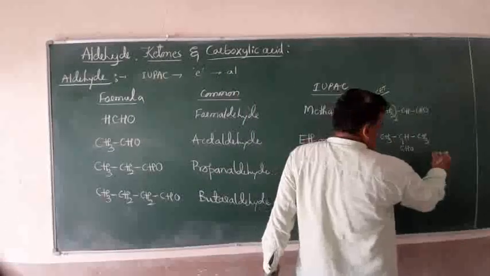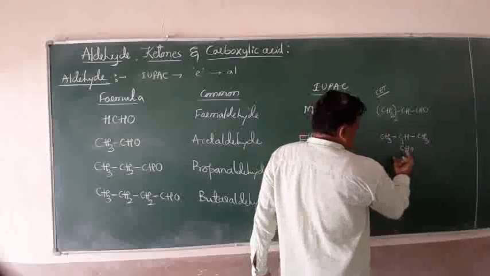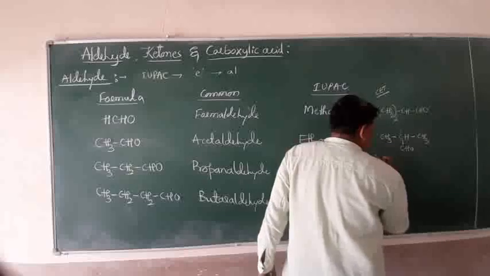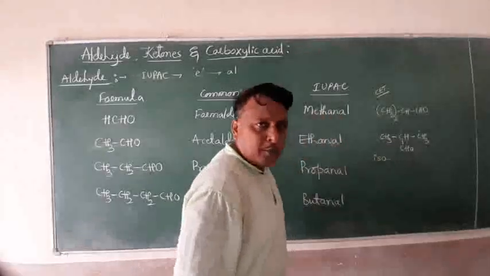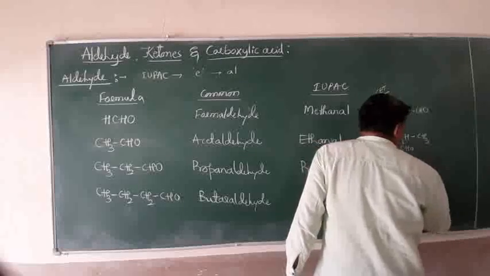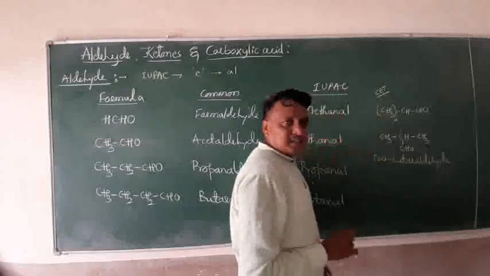In this case, we have positions 1, 2, 3. The aldehyde functional group is attached to the carbon bearing the methyls, so we use the word iso. How many carbons? 4. Isobutyraldehyde is the common name of this compound.